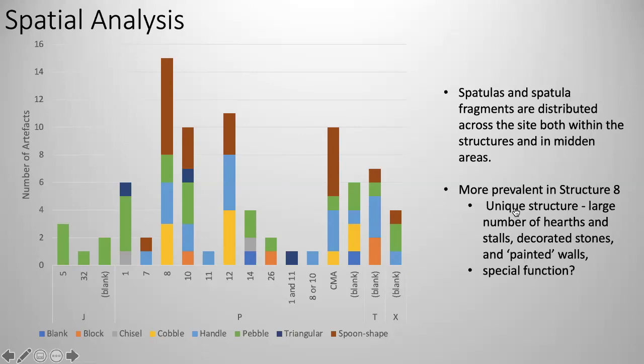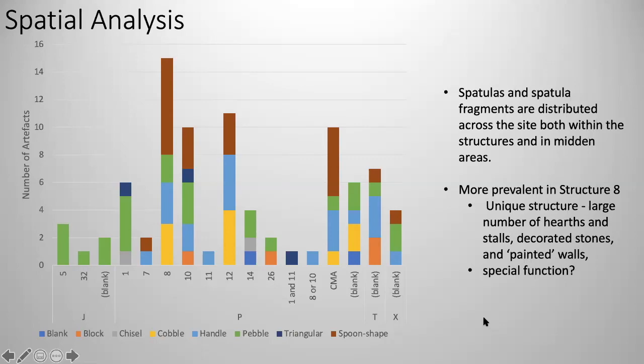But we can also say that artifacts are more prevalent in structure 8. Structure 8 is kind of a unique structure. It's got a large number of hearths and stalls. A large number of decorated stones were recovered from structure 8, and some evidence of painted walls.